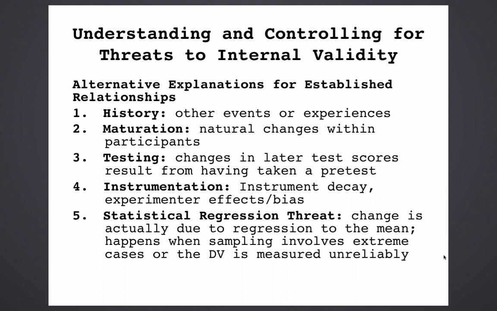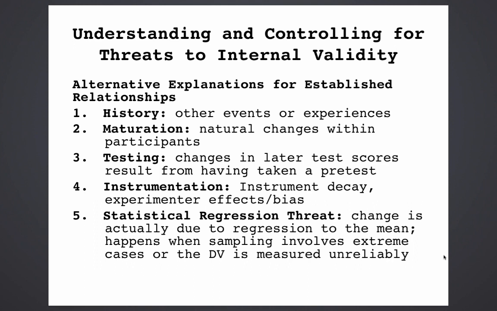Well, it could be that just simply being exposed to the test in the first place was enough to prompt improvement on the post-test. And similarly, we still haven't eliminated history or maturation. Participants in your study could have gotten better on the outcome variable simply due to history or maturation. There is also the problem of instrumentation.